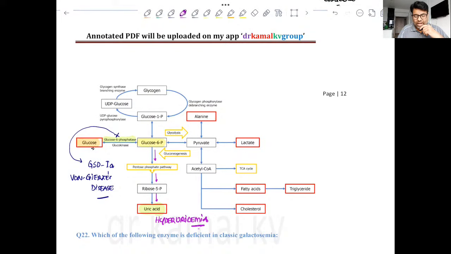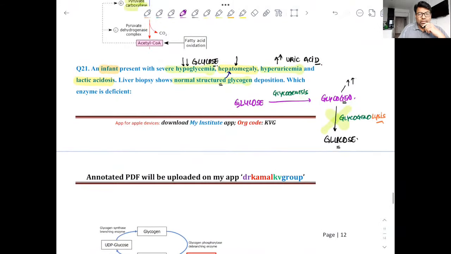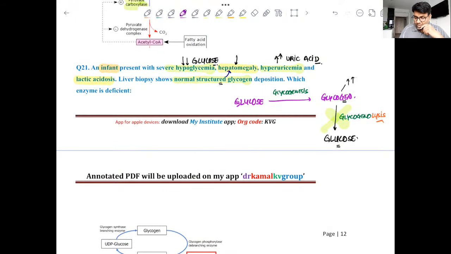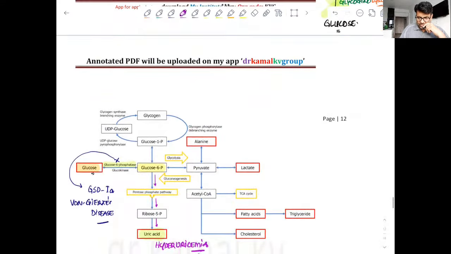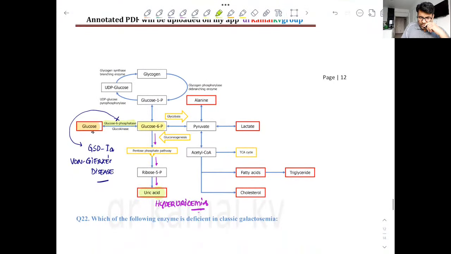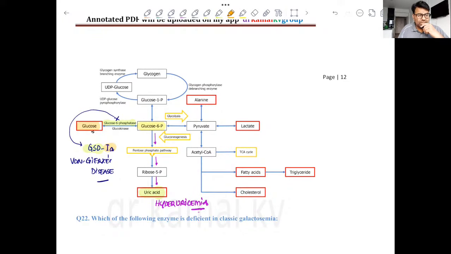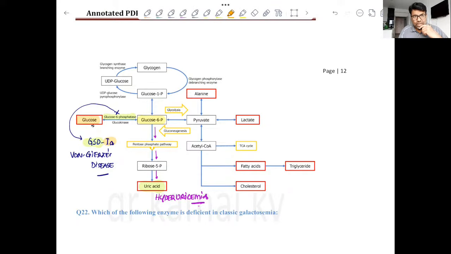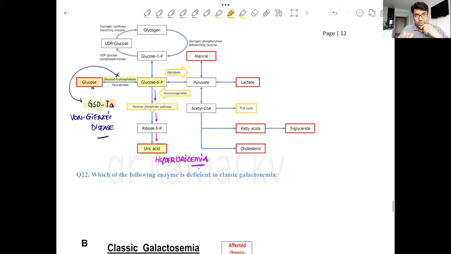So severe hypoglycemia, hyperuricemia, enlargement of liver because of deposition of glycogen. This is classical glycogen storage disease 1A, that is von Gierke's disease, which is because of deficiency of glucose 6-phosphatase. I think you have read these questions many number of times, and it is one of the important types of glycogen storage disease which is being asked.